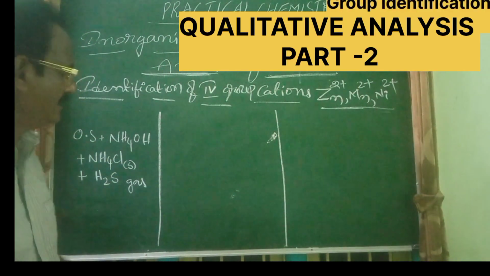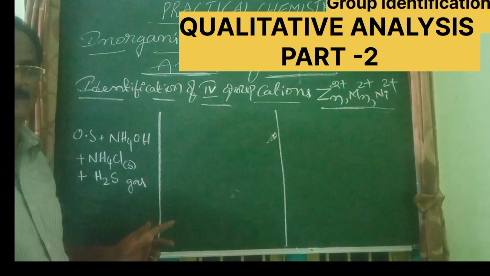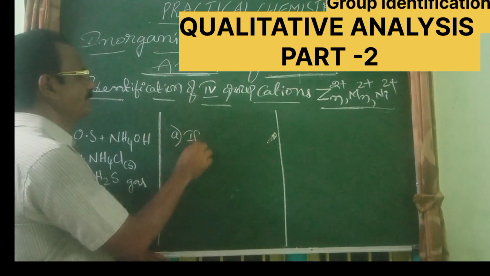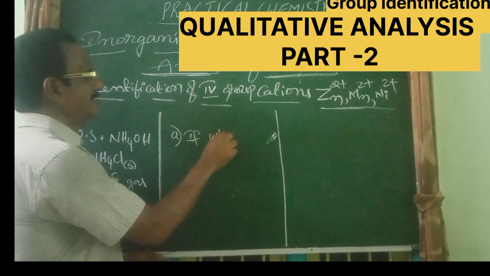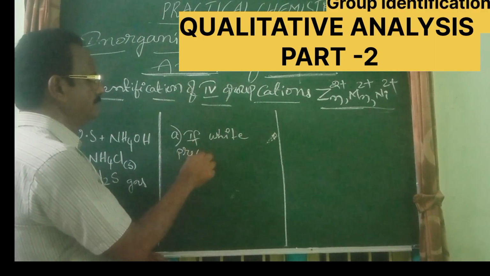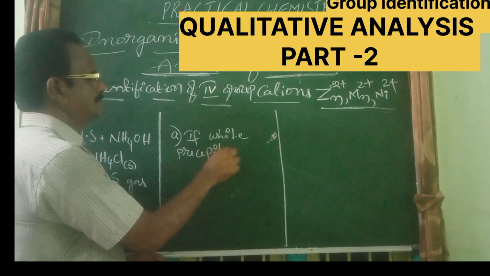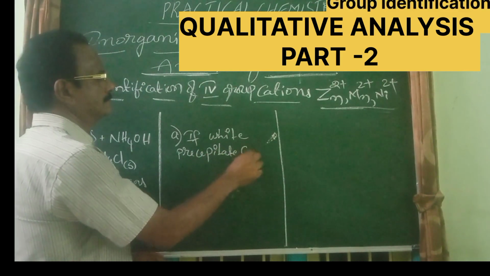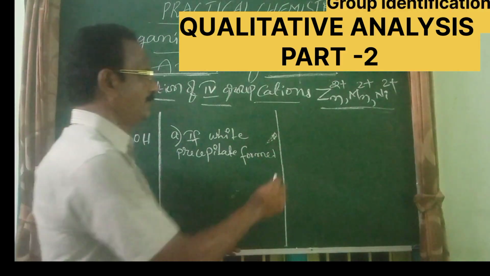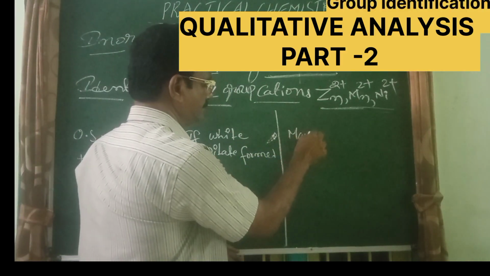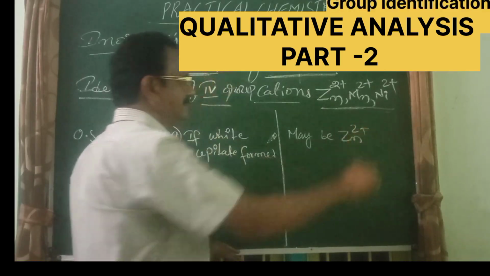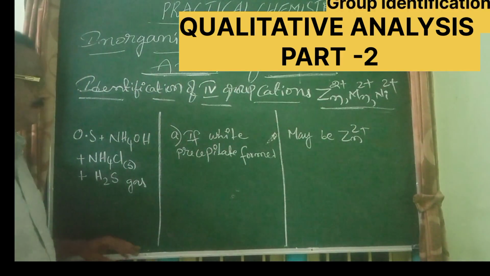So here let us see the observations. If white precipitate formed, maybe zinc, Zn2+.